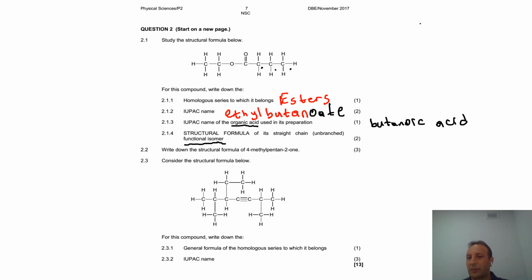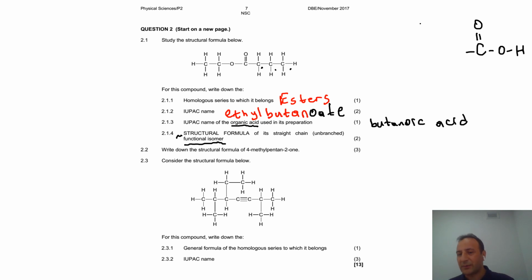To make it a carboxylic acid, let us start from the functional group. The functional group should be a carboxyl group. So here I wrote the functional group. And we are looking for a structural formula, so it is better to write this oxygen atom separately. That is always the safest way.